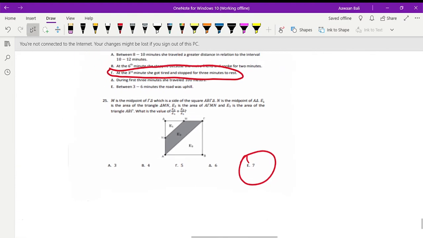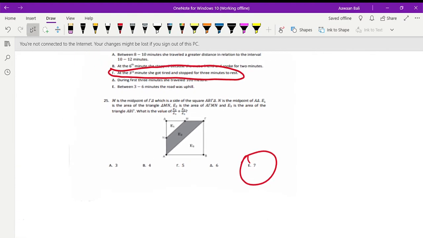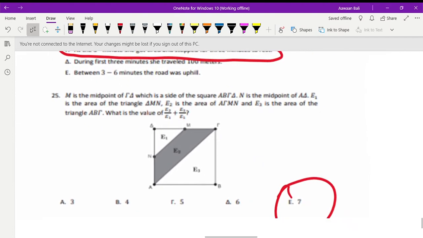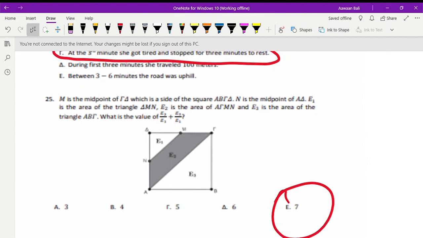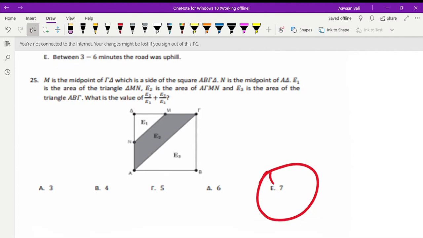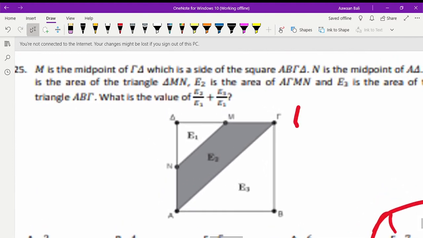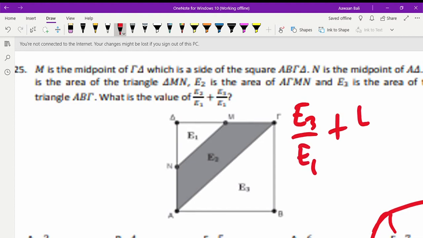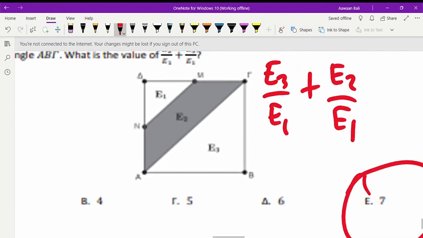Now, question number 25. M is at the midpoint of gamma delta, which is the side of the square alpha, beta, gamma, delta. N is the midpoint of alpha, delta. So basically, it's asking the value of this. Okay, so let's say the side of it is 8.